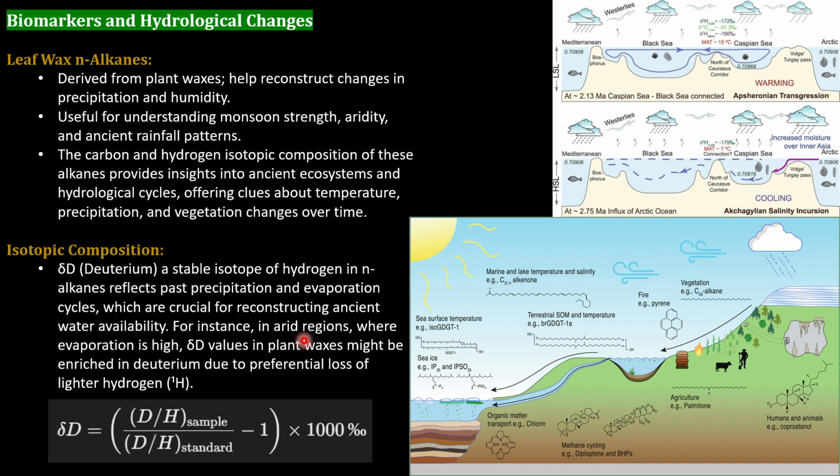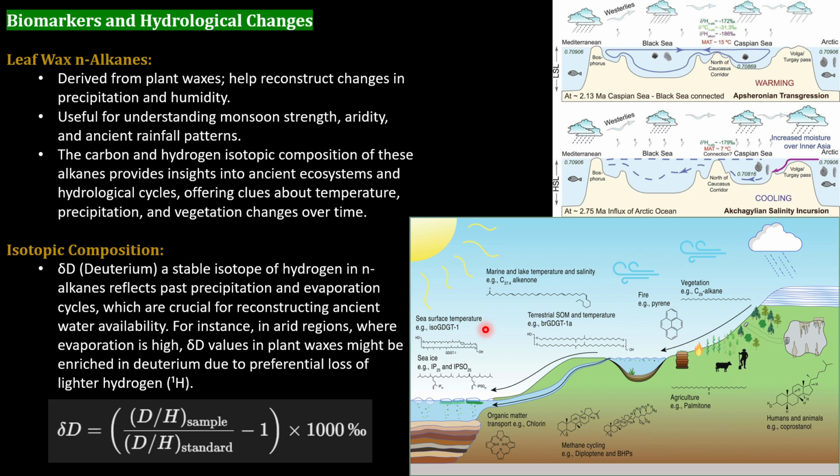It means the evaporation process is very high, so the temperature is high and the aridity will automatically be high. So this is the very best diagram in which you can show the different biomarkers, which show the different environments and give a hint of the different environmental climatic changes.